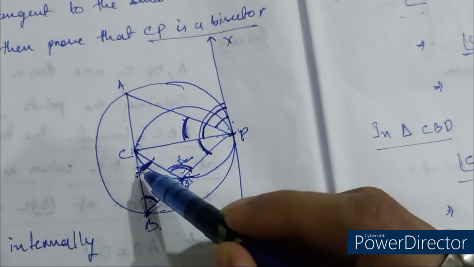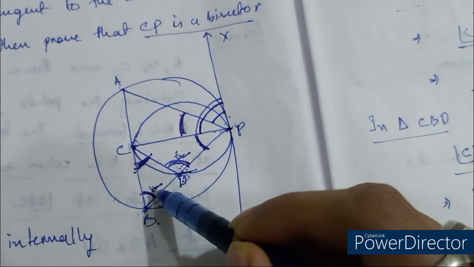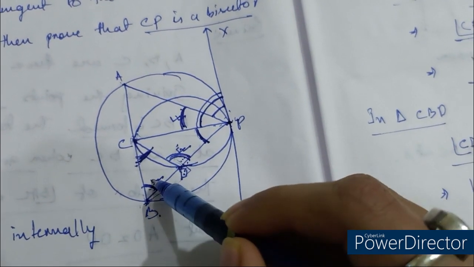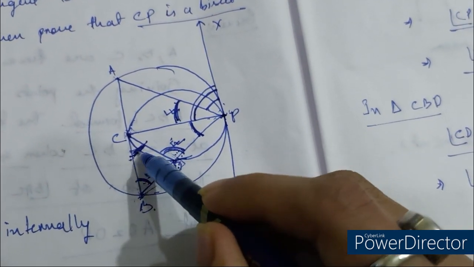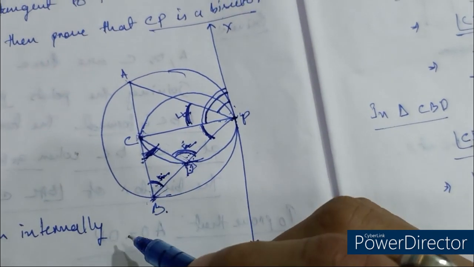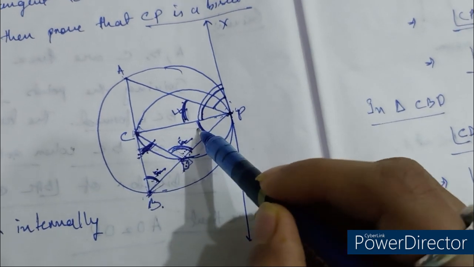And then next again you see this angle is equal to this angle minus this angle. First of all I got that this angle is equal to this angle minus this angle, and then I got that this angle is equal to this angle minus this angle from the exterior angle property. And then I got that this angle is equal to this angle.